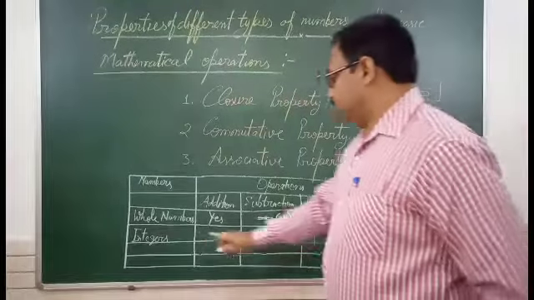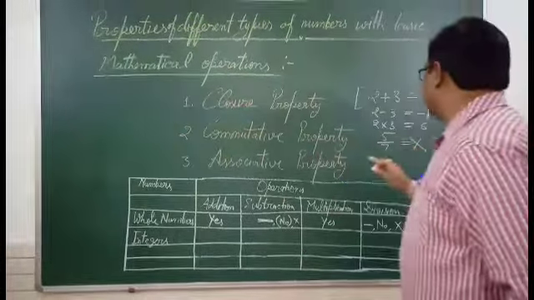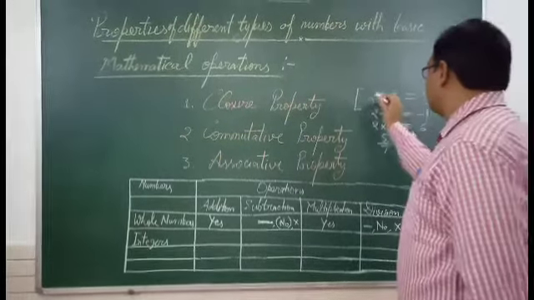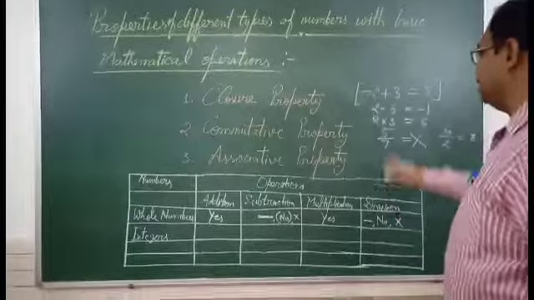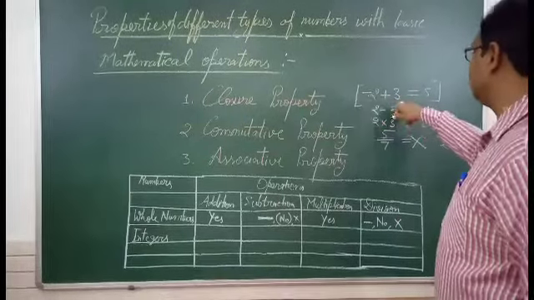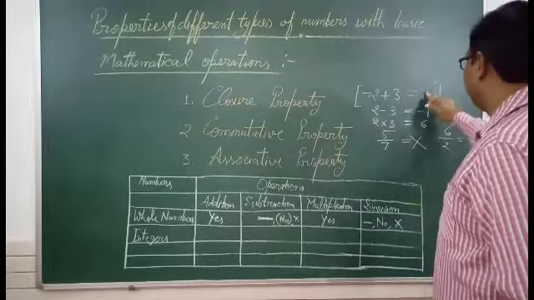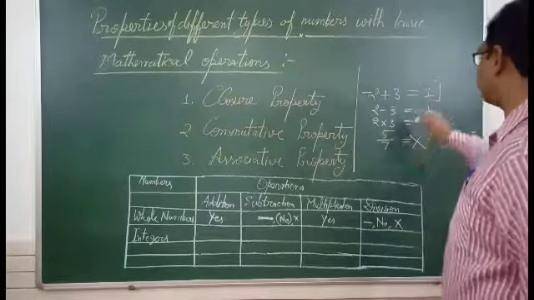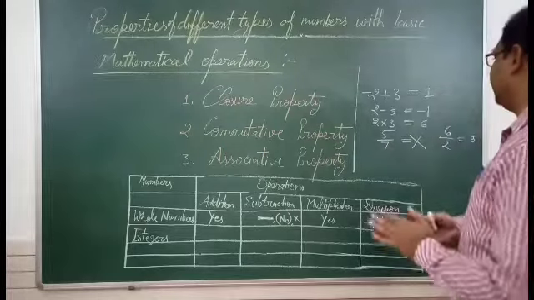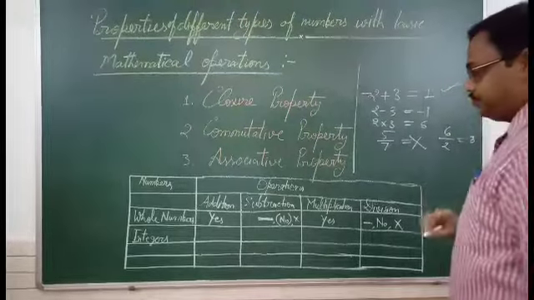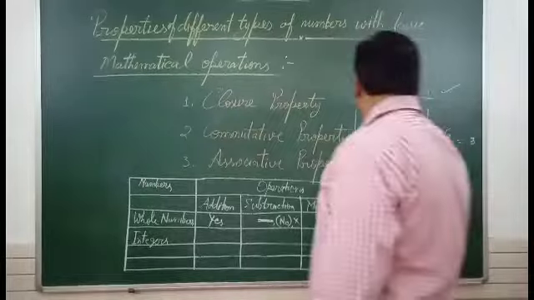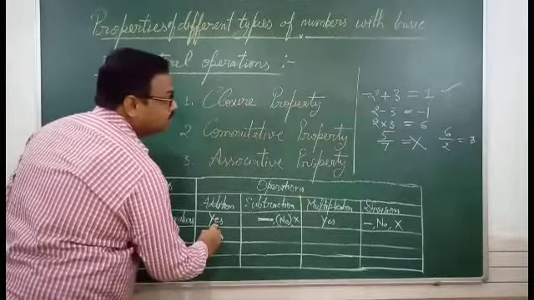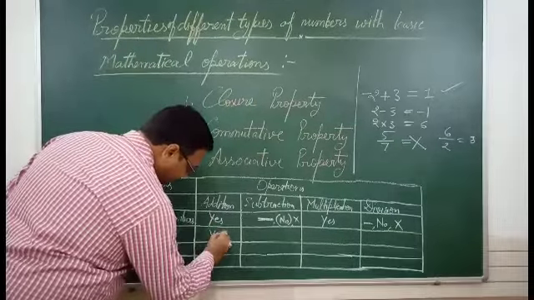So when we start doing the operation of addition on integers, suppose this is an integer minus 2 and this is plus 3, so the answer will become 1. So under addition, integers are always closed. Here you will write yes.